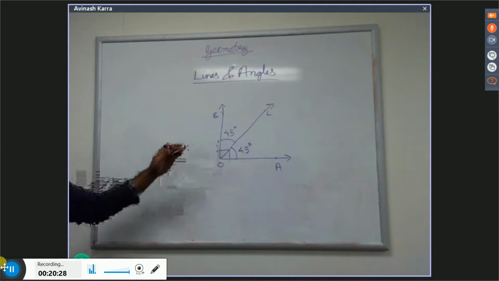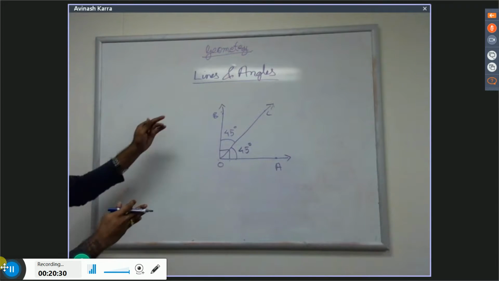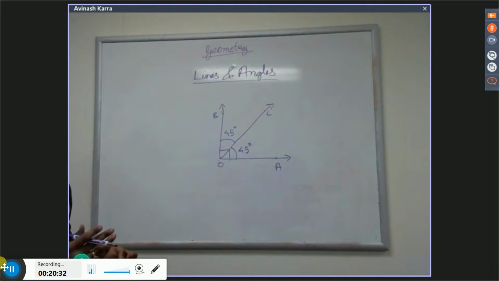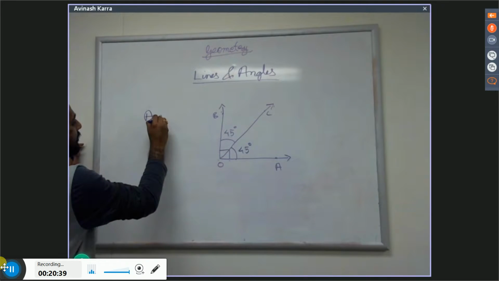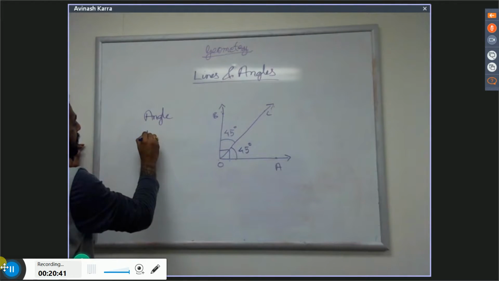So, an angle bisector bisects the original angle into two equal parts. Angle bisector.